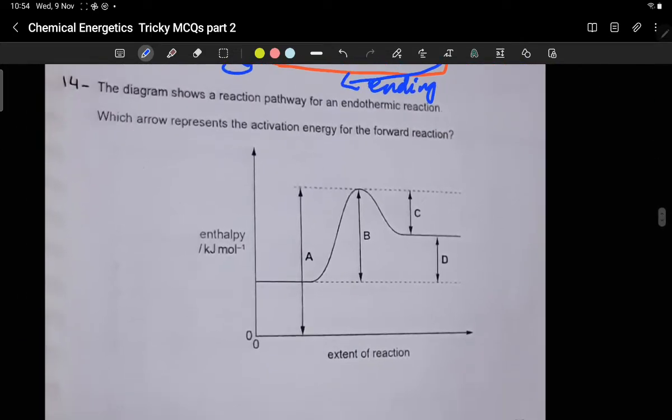Question number 14. The diagram shows a reaction pathway for an endothermic reaction. Which row represents the activation energy for the forward reaction? So this is B. This is the activation energy from reactant to product. This is for the reverse reaction, this is the activation energy for the reverse reaction.